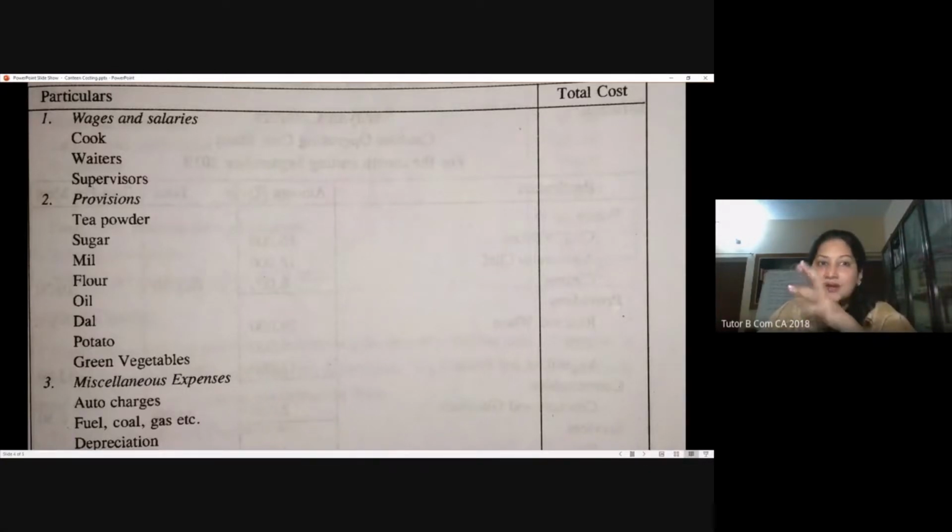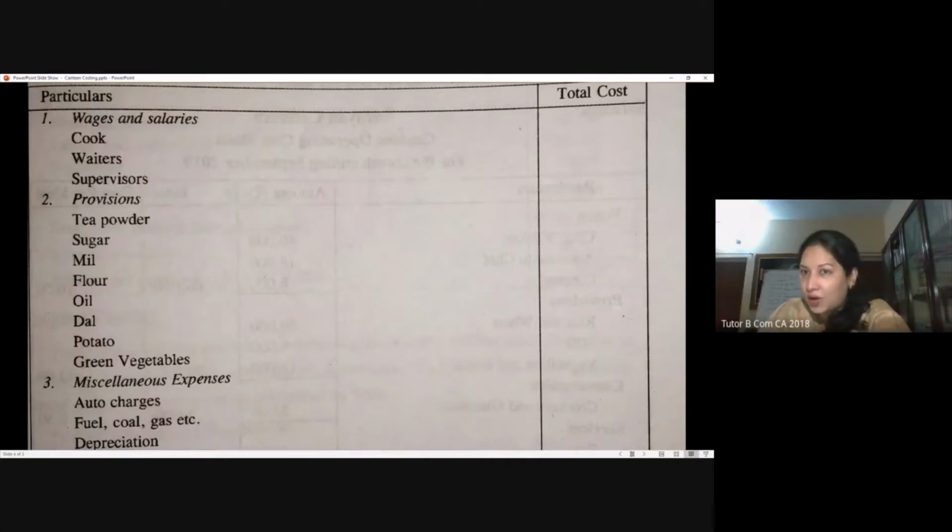It can be a category of wages and salaries like cooks, chef, waiters, supervisors, all will be there. Then the provisions, which is very easy for us to identify, connected with making of food. Then miscellaneous expenses. All these are very simple to understand because it's something which we see in our daily life. This is actually the pro forma of cost sheet of a canteen business.